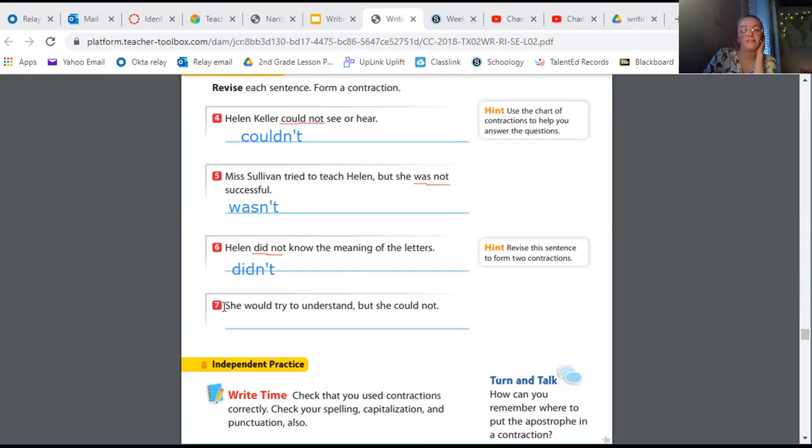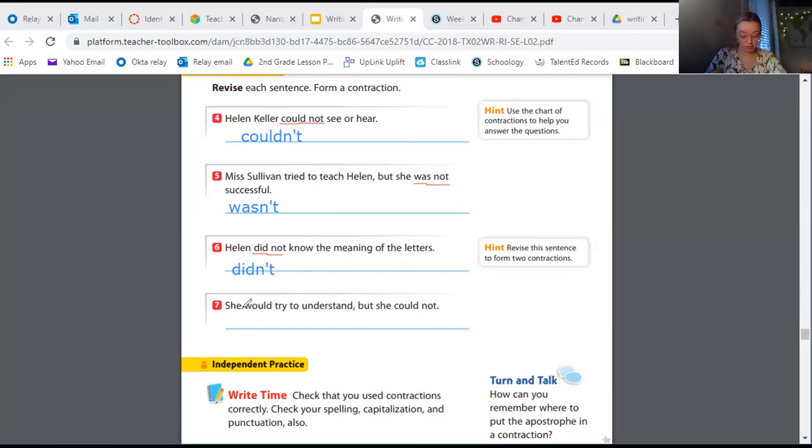Okay, let's try number 7. She would try to understand, but she could not. Go ahead and write two contractions from this sentence, and we'll go over it together.